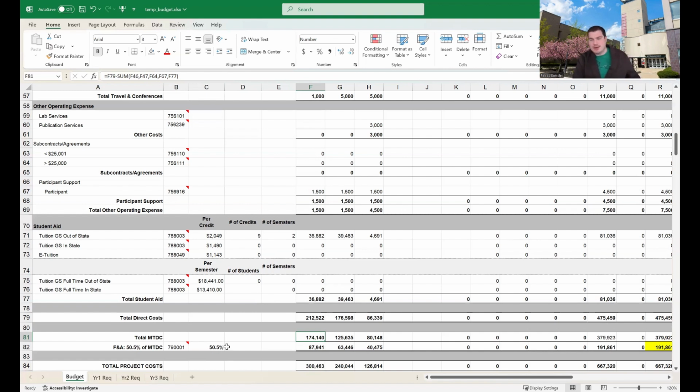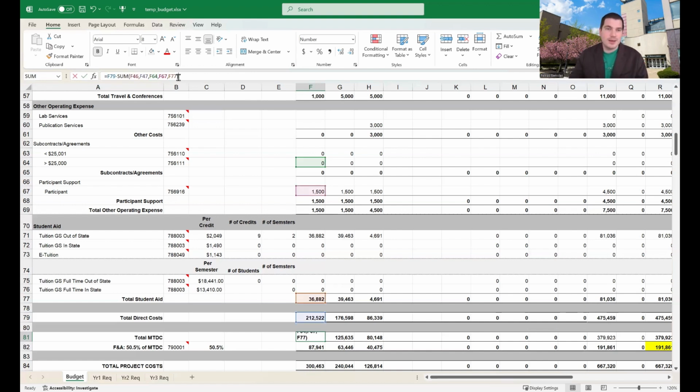It is not something that is arbitrary. My understanding is that the university goes to NSF and they go through their finances and they essentially say, based on these numbers, the amount that it costs us to support a research project is on average 50.5% of the modified total direct costs.